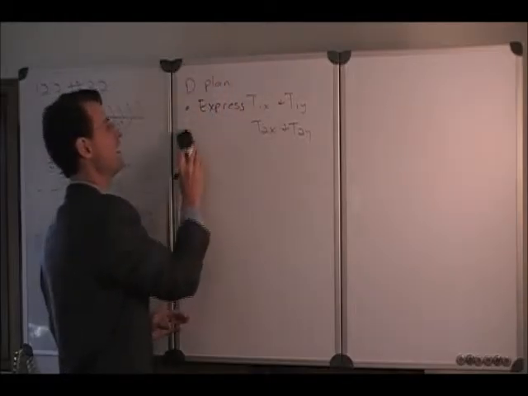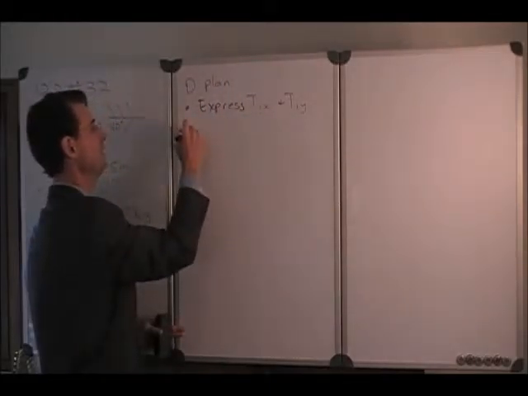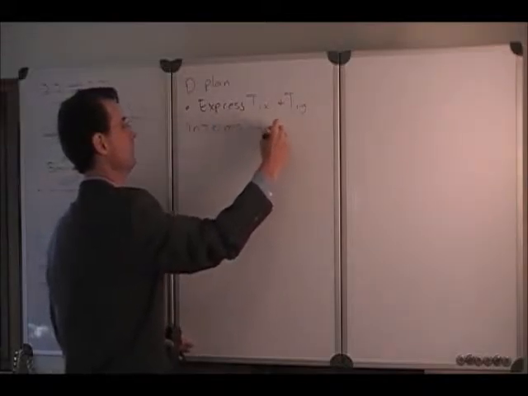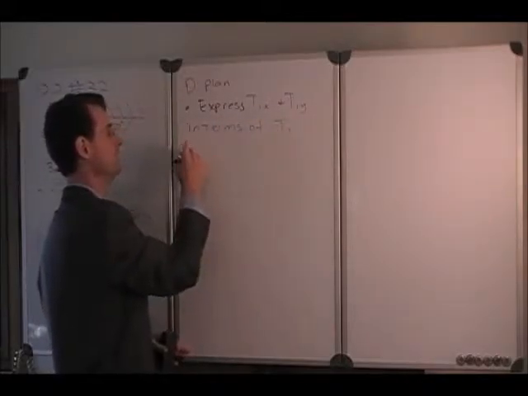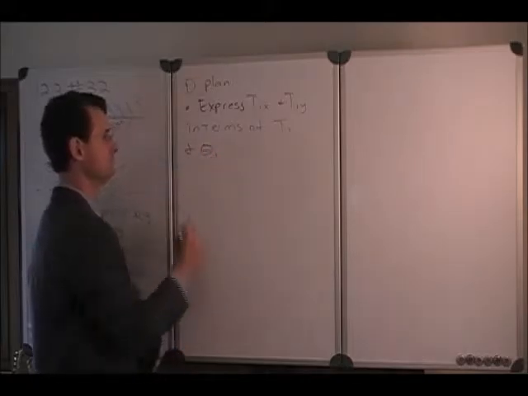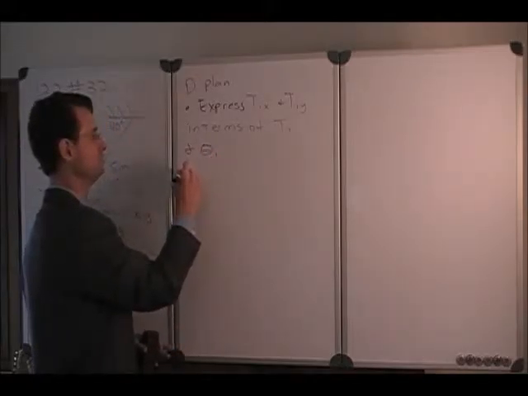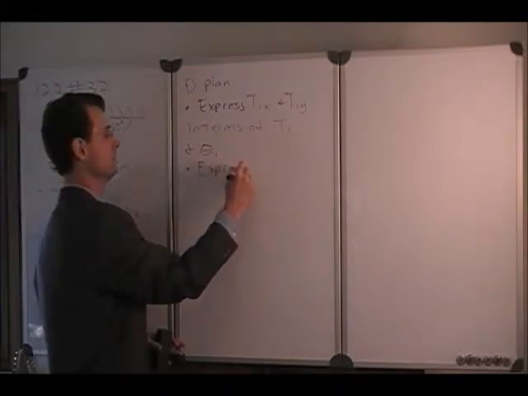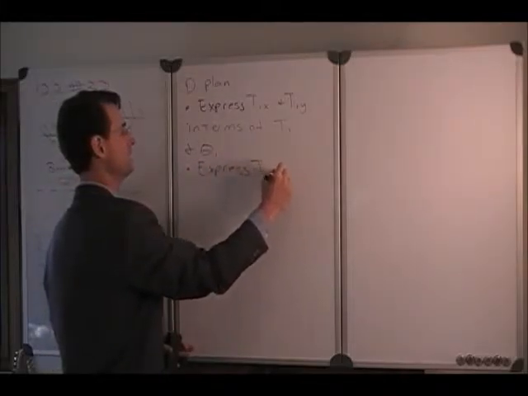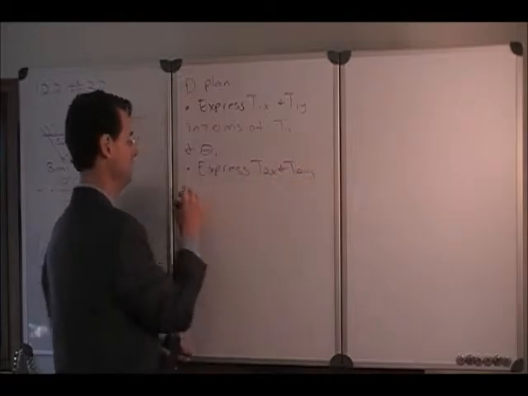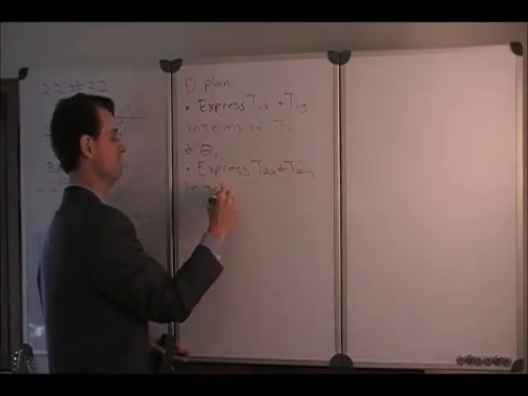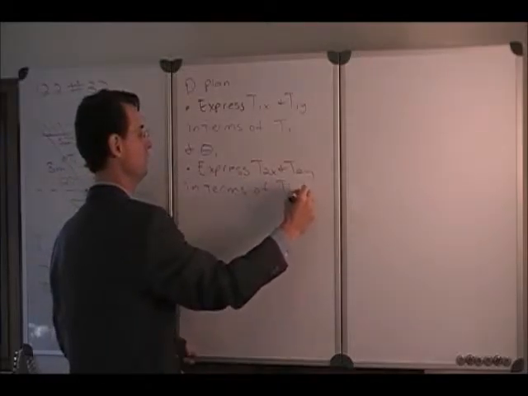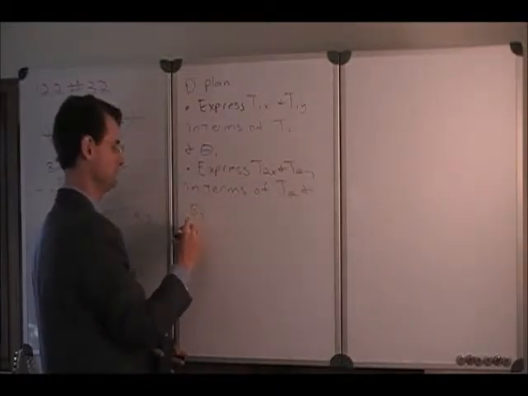So we want to express T1x and T1y in terms of the magnitude of T1 and the angle of T1. And then we can also express T2x and T2y in terms of T2 and theta 2.